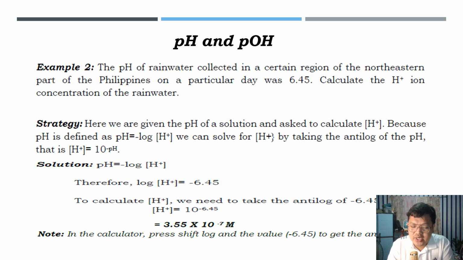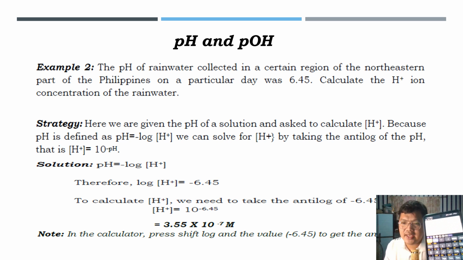And then once you are done, the next one is to input the value of negative 6.45. So I'm now putting in negative 6.45. And so the answer is 3.55 times 10 raised to negative 7 molar.